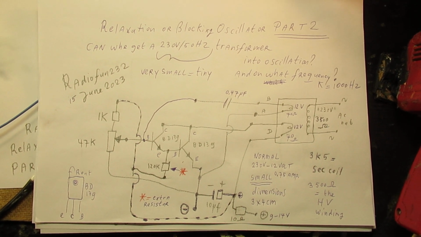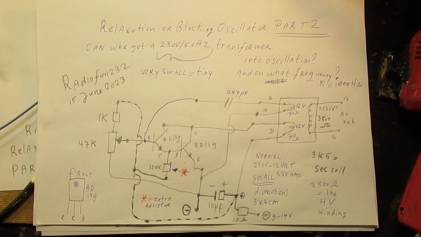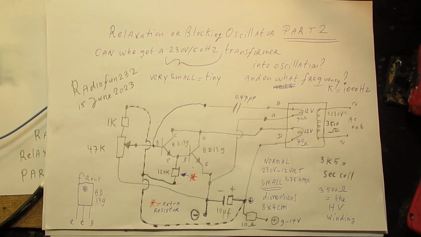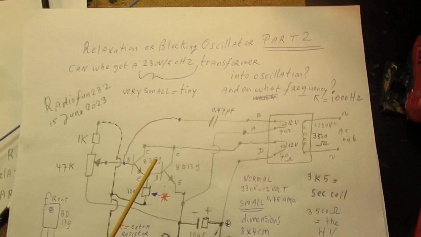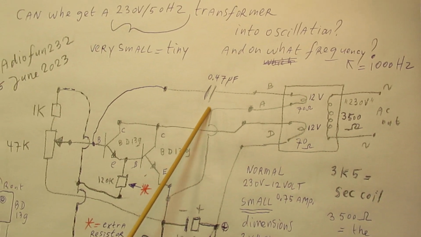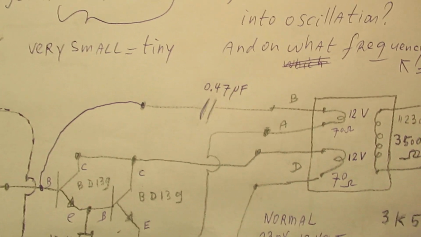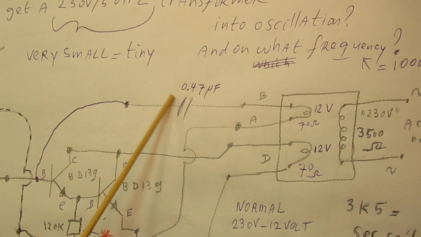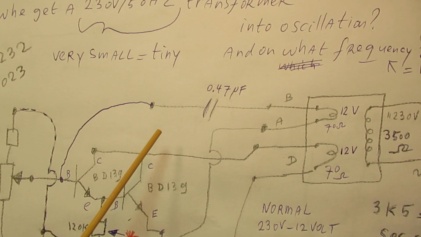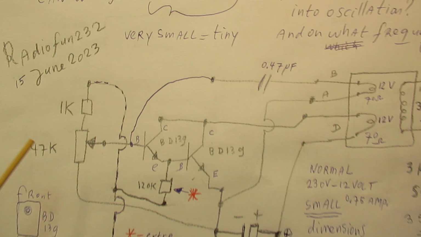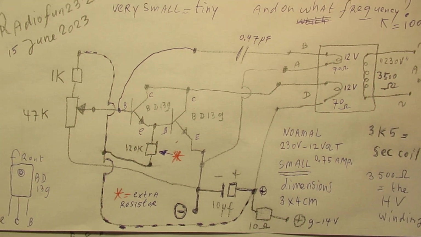To make the high voltage circuit work on a lower frequency, of course, I had to adapt this capacitor to a higher value where that worked properly. So it's now 0.47 microfarad, that is 470 nanofarad. And I added one extra resistor here to make the oscillation more stable.